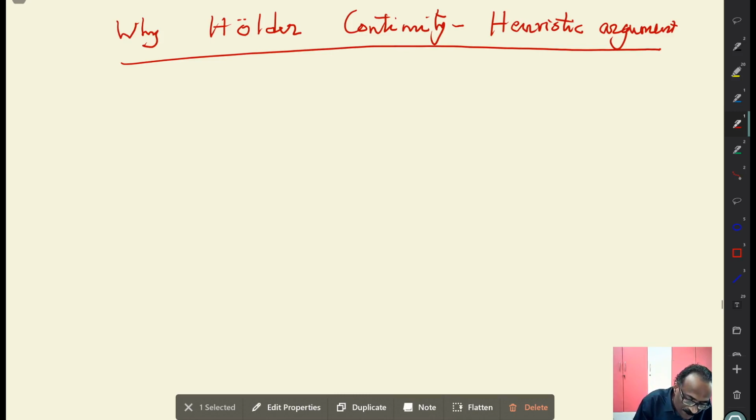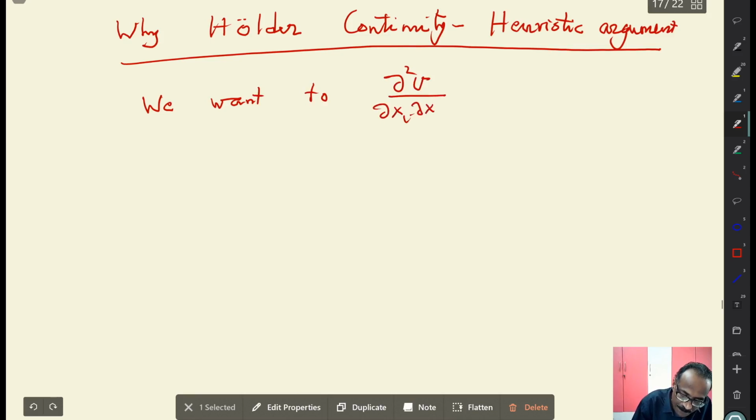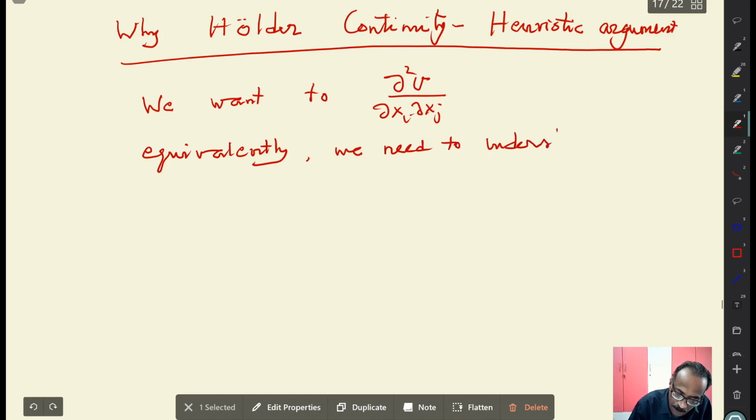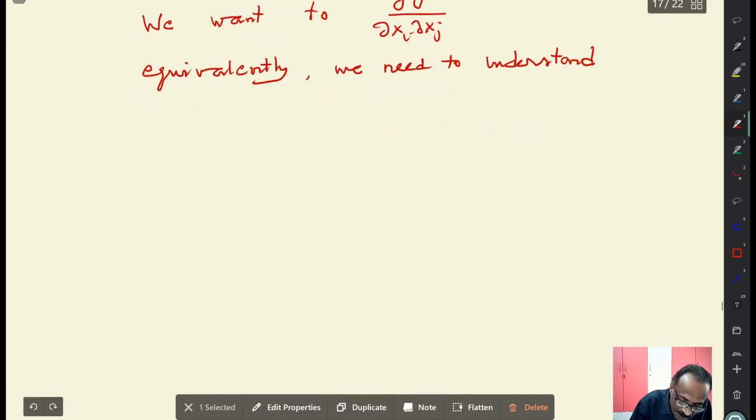We want to understand this term, just like previously, we want to get d square v by dxi dxj. Equivalently, we need to understand the second derivative inside.